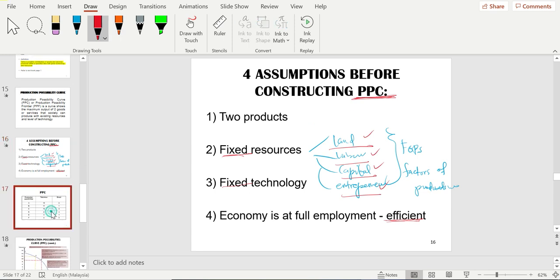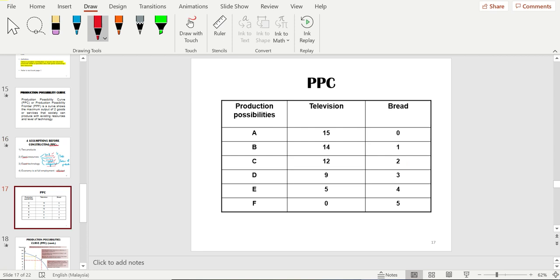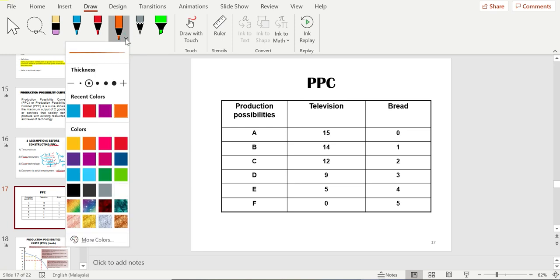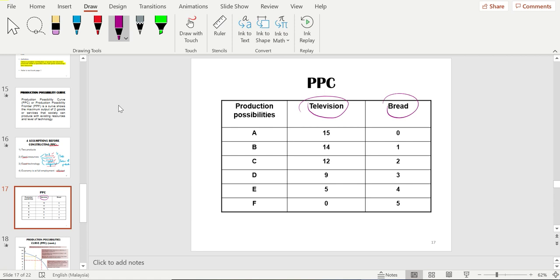Okay, so before we go with the graphical illustration, PPC normally sebelum kita construct dia akan ada table. They will give a table like this, and here you can see they have 2 product, which is the first one television, the second one bread.